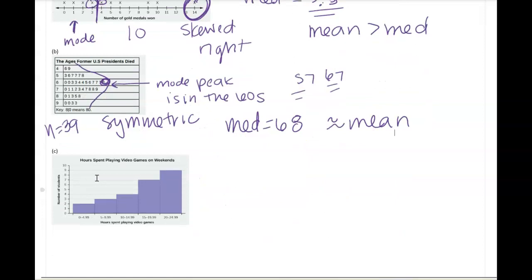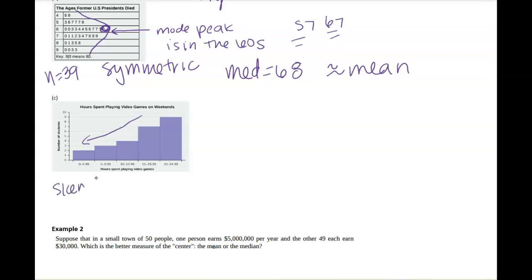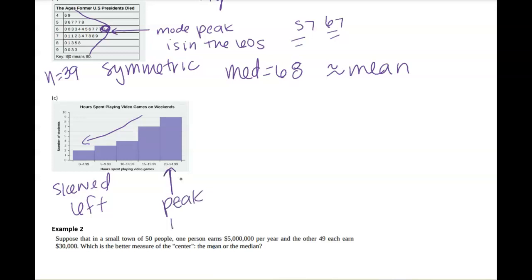All right, our last example in this set is skewed to the left. We do not have the actual numbers here, so I'm just going to say that this is my peak.